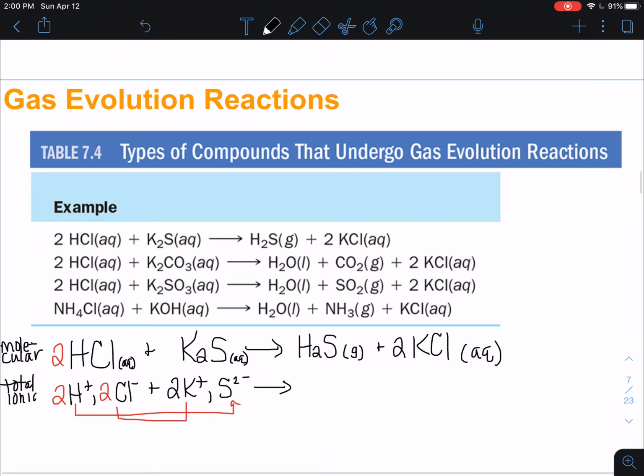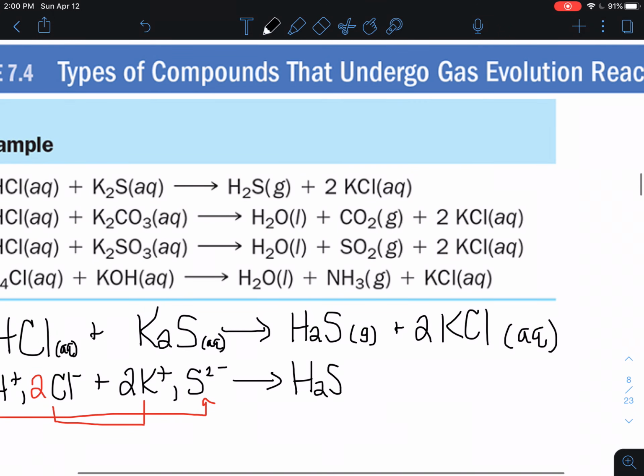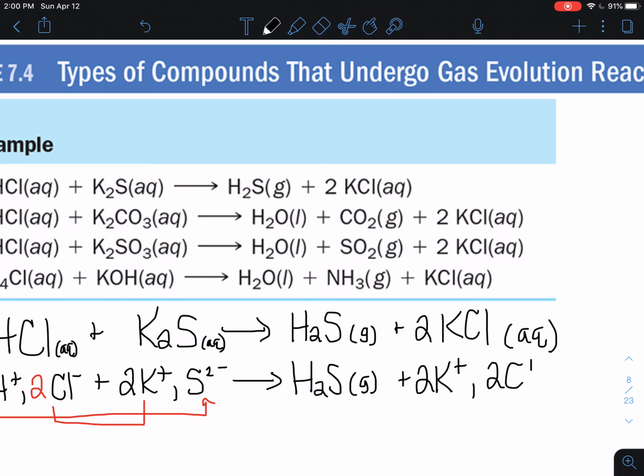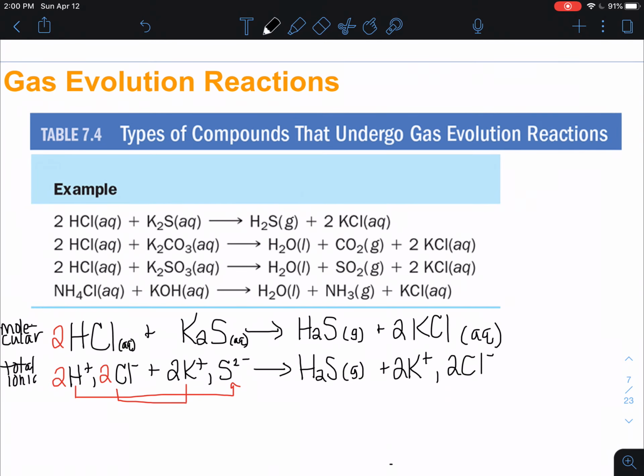Now to finish my total ionic, I have to bring the gas down, because it's not a soluble ionic compound, so I don't break it up. And then I always do my net in pink. I don't know, that's just a thing I started off. So we're going to do net.